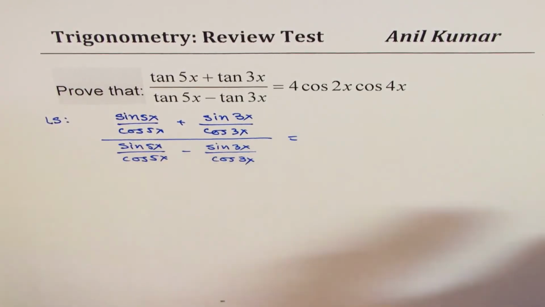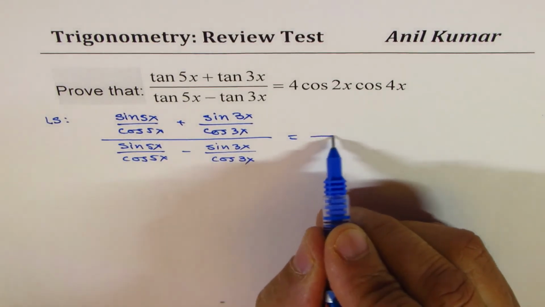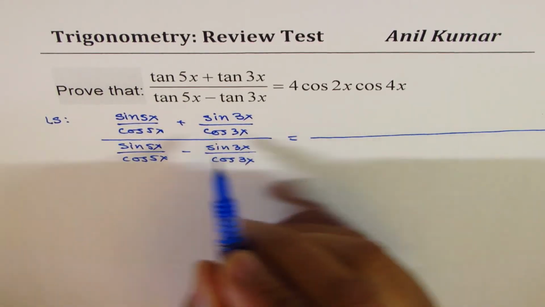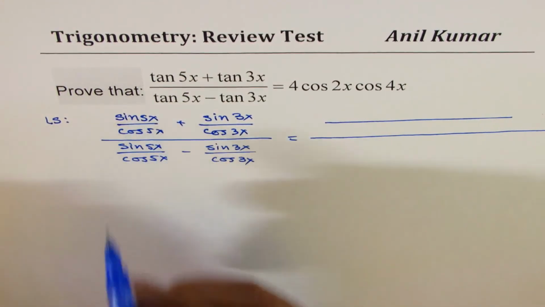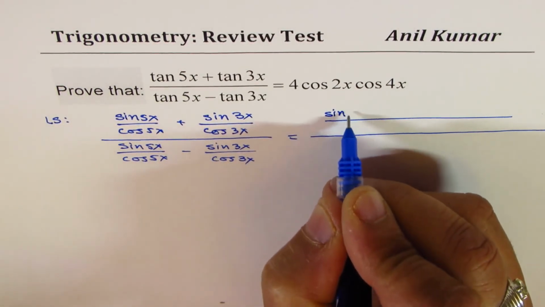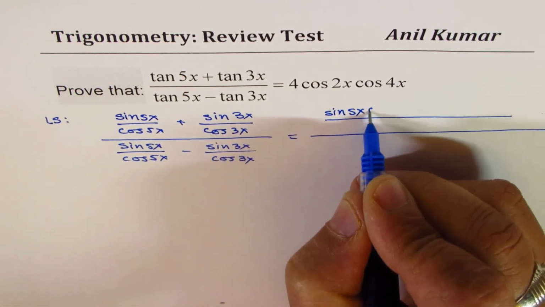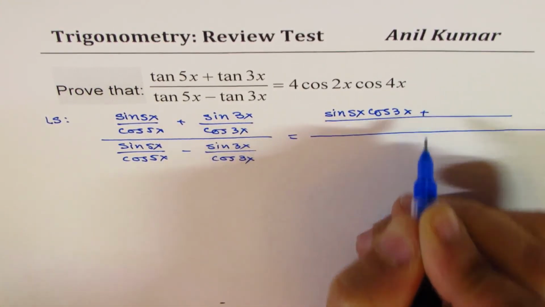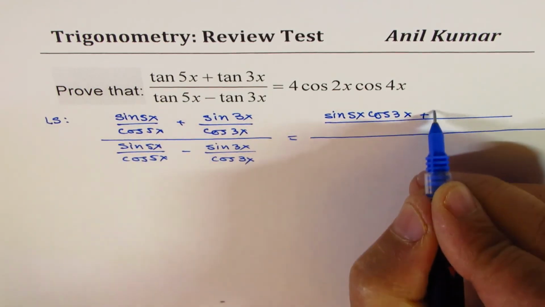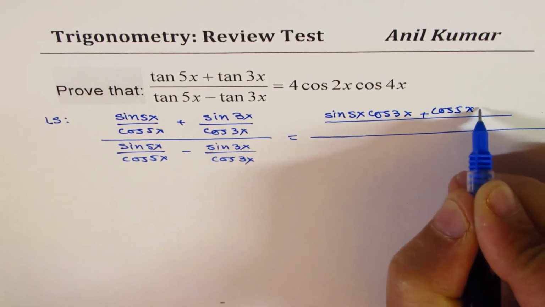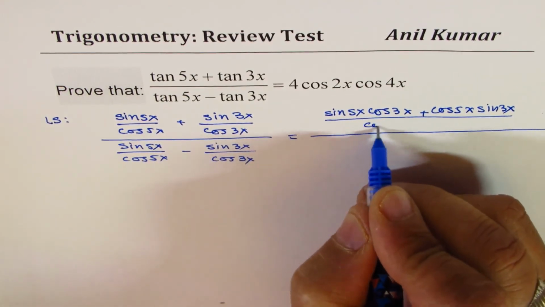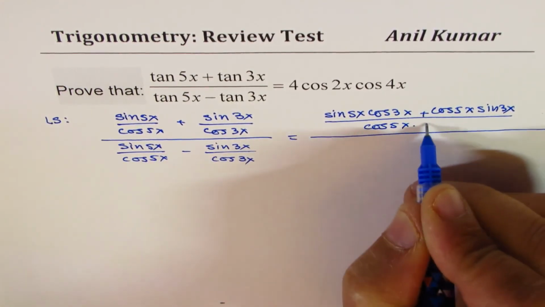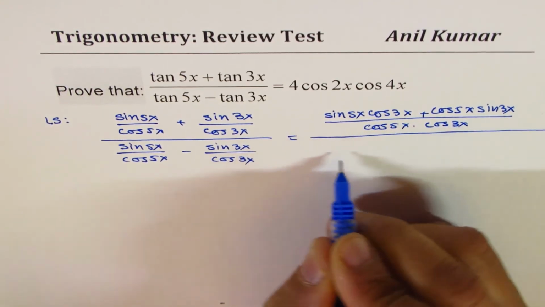Now take common denominators in both numerator and denominator. So if I take the common denominator, they get multiplied. So we get sine 5x cos 3x plus cos 5x sine 3x over their product, which is cos 5x cos 3x, correct?